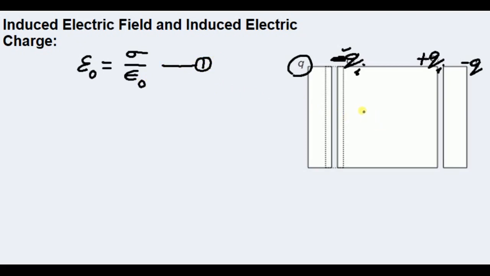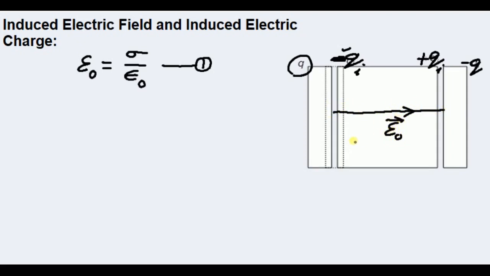And the direction of E naught is from positive charge to negative charge, that is, from plus to minus. It is the direction of E naught.